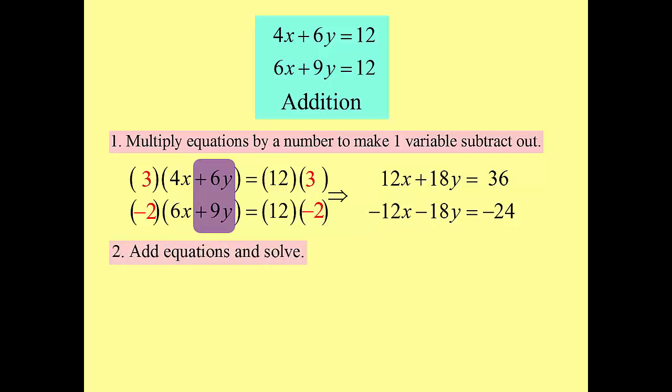Adding these, we get 0, 0, and 12. Now because all of the variables have disappeared, that tells us we do not have a unique solution. In other words, there's not an ordered pair that fits this system of equations.